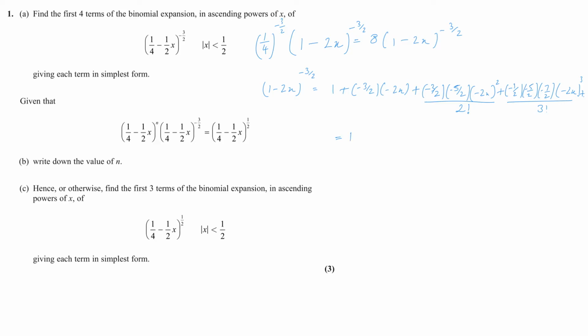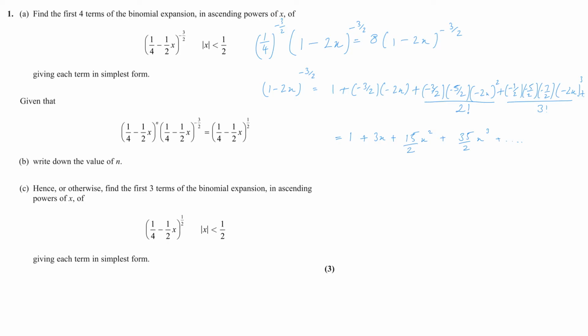So we've got 1 plus 3x plus 15 over 2 x squared plus 3 times 5 times 7, 105 over 6, so 35 over 2 x cubed.